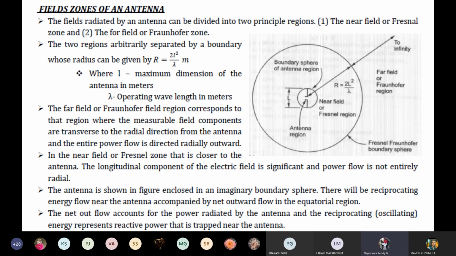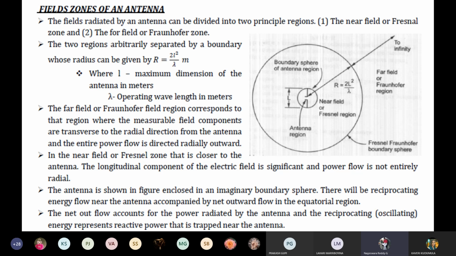In the near field or Fresnel zone, which is closer to the antenna, the longitudinal component of the electric field is significant and power flow is not entirely radial.